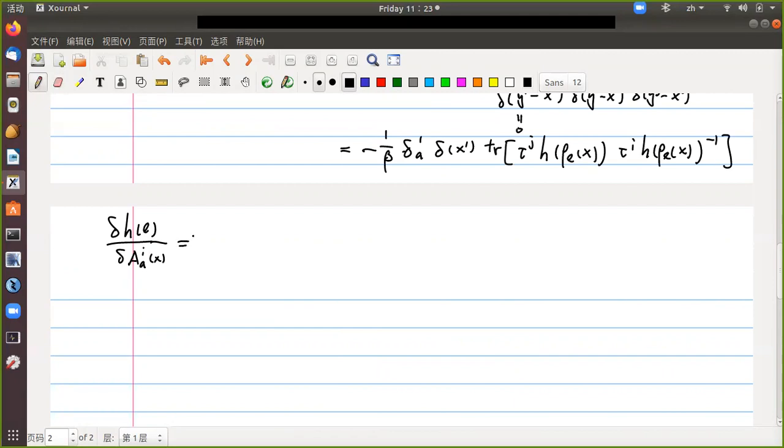Now we use this formula for holonomy: we divide the holonomy into small pieces, and then we write the holonomy as a product of smaller, shorter holonomies, and we can linearize the shorter holonomies. 1 plus integral delta S1.